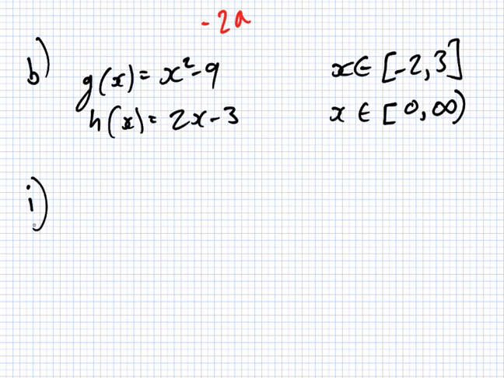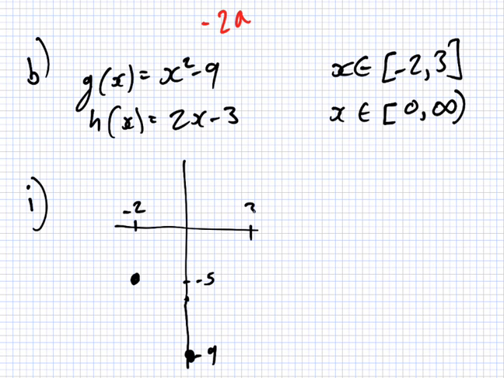No. We'll draw it. It'll be the easiest thing. So here's g. So when I put in minus 2, what do I get? Minus 5. So it's here. When I put in 0, I get minus 9. And then when I put in 3, what do I get? 0. So it's up here. So the graph looks like this.